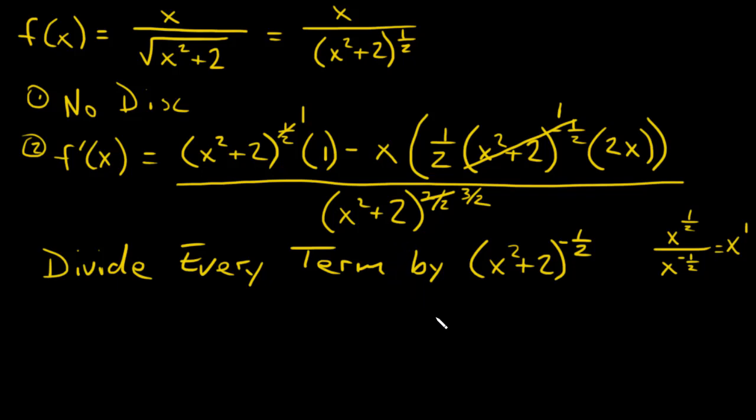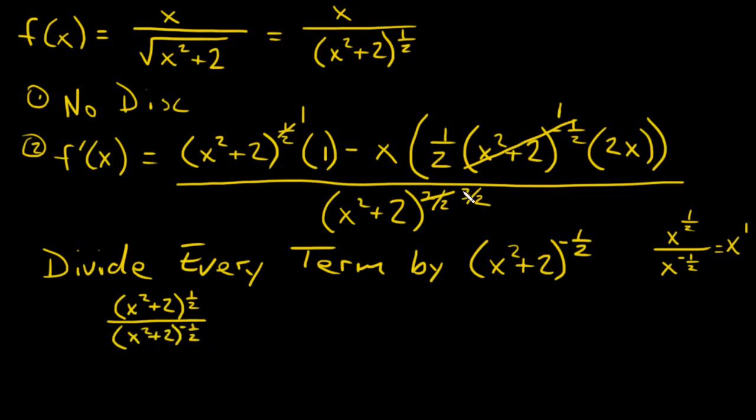Okay? Now I'm going to write it out the long way one time and work it out one time, and then, well, won't do that again. We'll just do this shorthand. So (x squared plus 2) to the 1/2 over (x squared plus 2) to the negative 1/2.